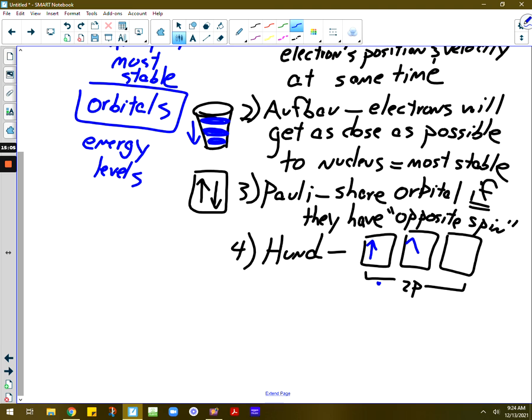It's going to go on to the next one. And if a third one comes in, it's not going to share either of those. It's going to go on to the next one, because that way they're all equally close, just in different directions.